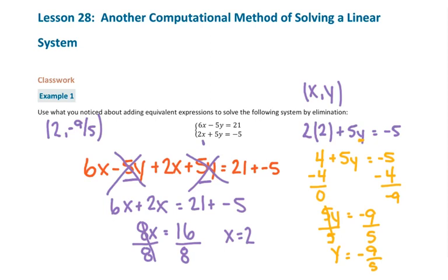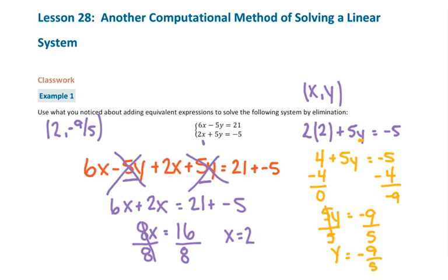Now, we want to be able to check that our solution is true. So what we're going to do is graph these equations on a coordinate plane to make sure that the lines are going to cross at the point 2, negative 9/5. So it's important for me to know what negative 9/5 is as a decimal because it helps me understand better when I'm looking at the graph.